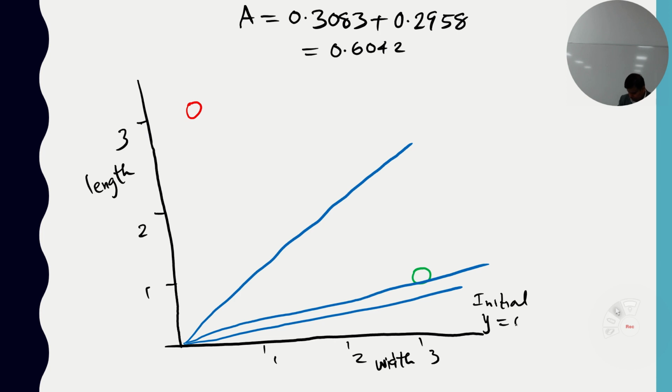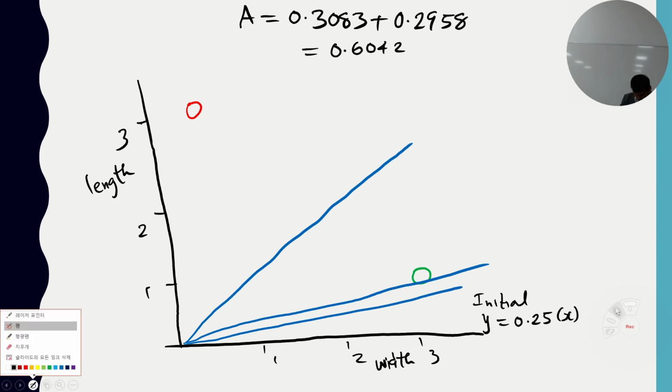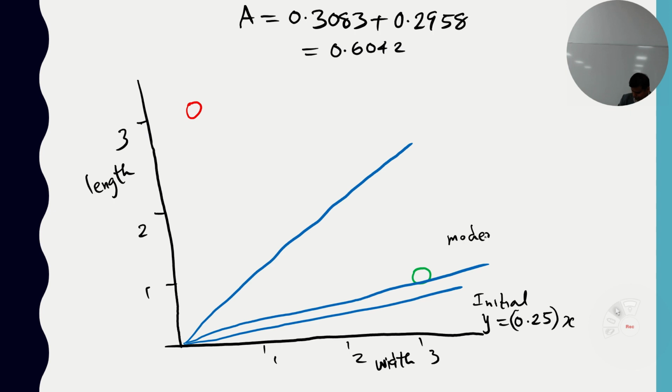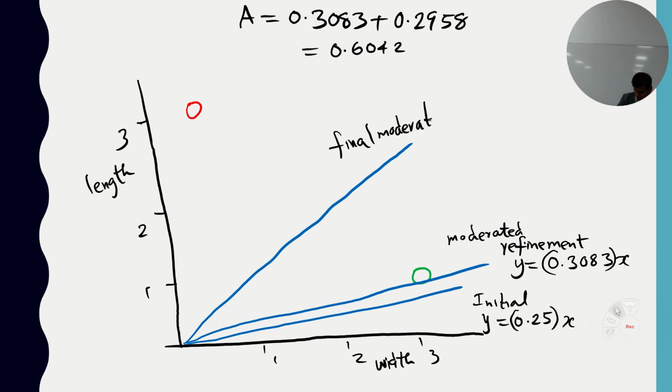Initially y equals 0.25 times x. And this is the final moderated refinement.